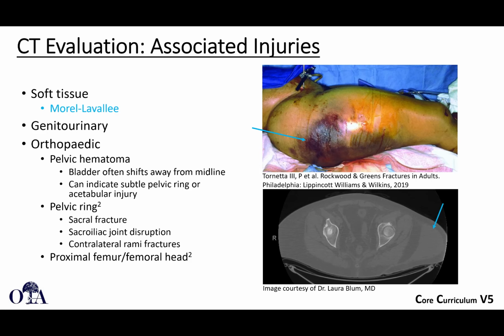You will identify genitourinary injuries. You will also identify other orthopedic injuries, pelvic hematoma, other pelvic ring fractures, sacral fractures, contralateral rami fractures, and of course you can also evaluate the femur and the femoral head.